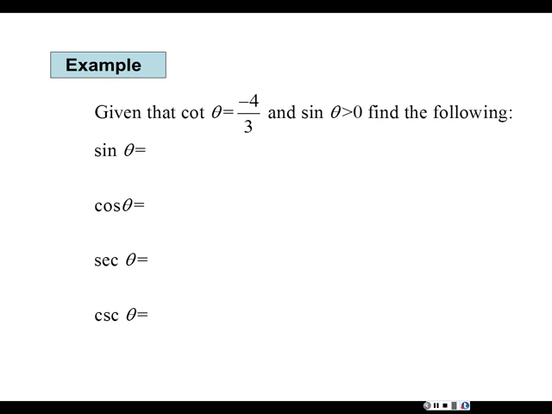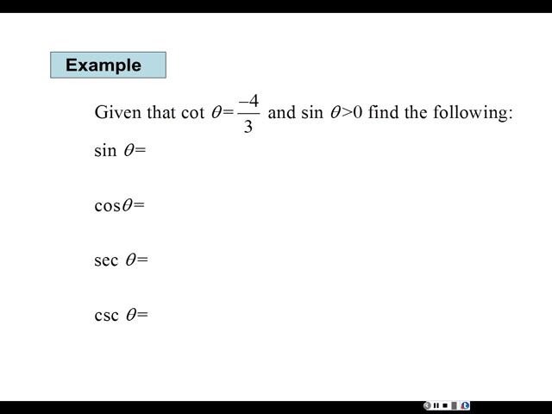So this is going to be negative 5 over 4. This is going to be 5 over 3. Or you can get it from their original ratio, because sec is hypotenuse over adjacent. Any question here?